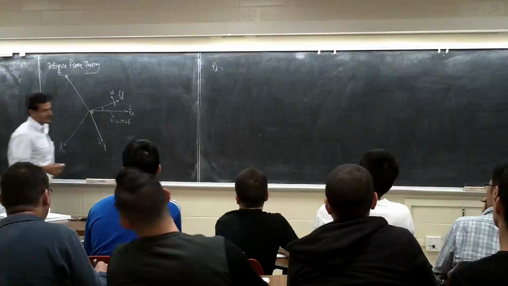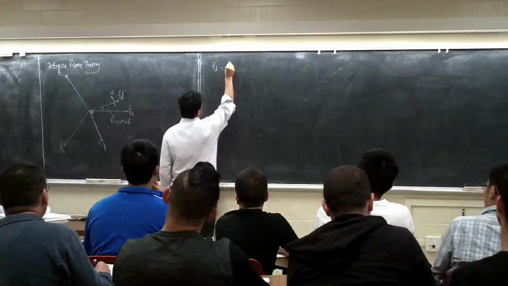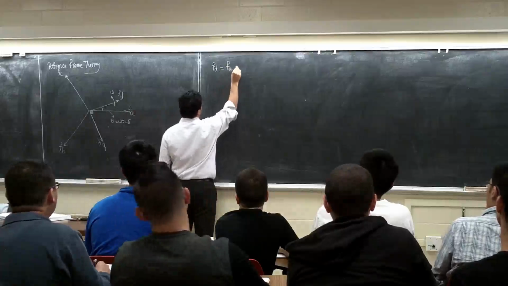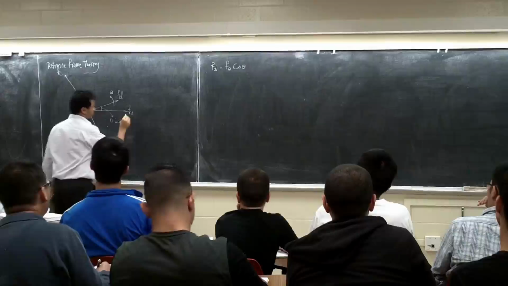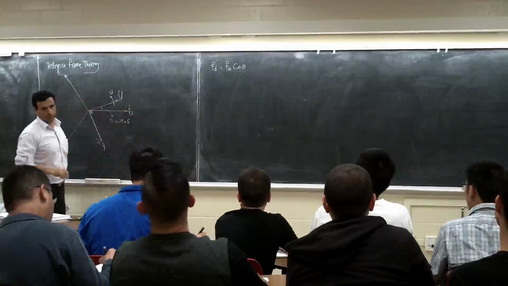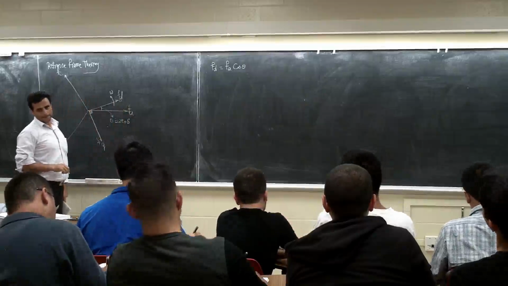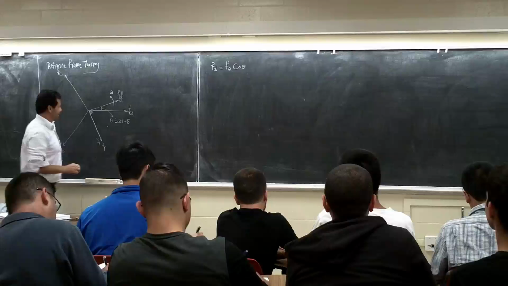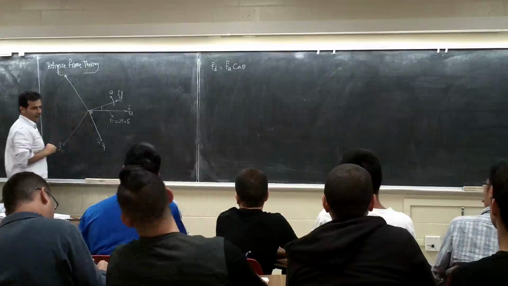Is it FA cosine theta, right? You project this one here. That's one component. What else? FB sine. This is the FD, right?